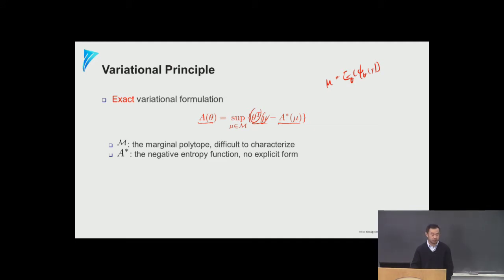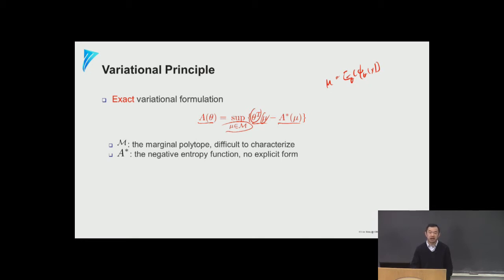If you know how to write the entropy, then you actually could reformulate the inference problem on A as this one. And the solution only exists when the mean parameter vector satisfies a constraint, which is that they should be within a domain called the marginal polytope. And why are they called marginal polytope?